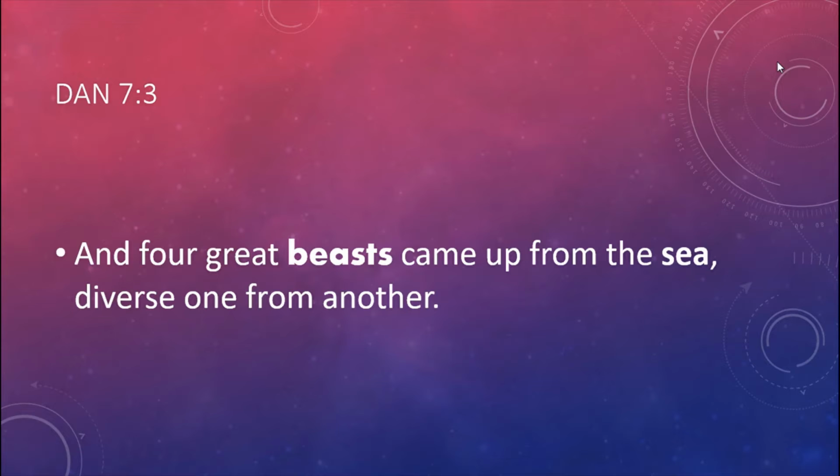Alright, let's look at one of the uses of these two symbols. In Daniel 7 verse 3: And 4 great beasts came up from the sea, diverse one from another. So we see that there's some kind of kingdom or power that's arising out of a highly or a very inhabited area.